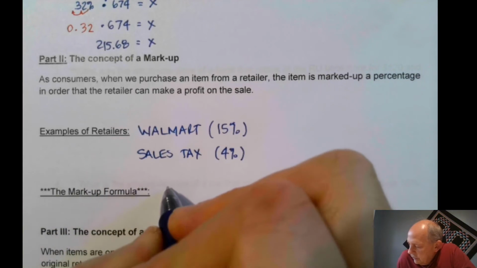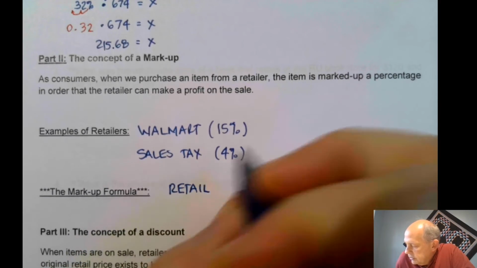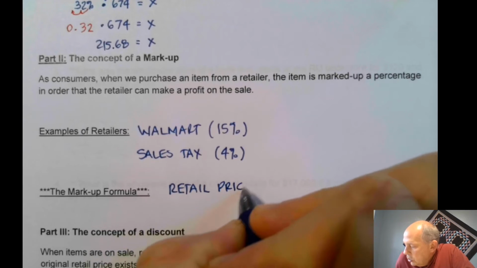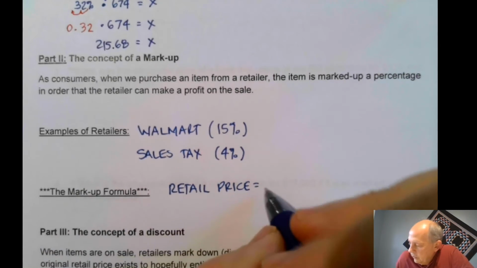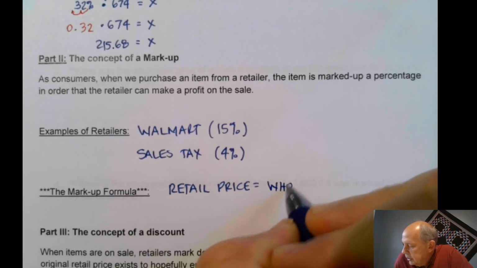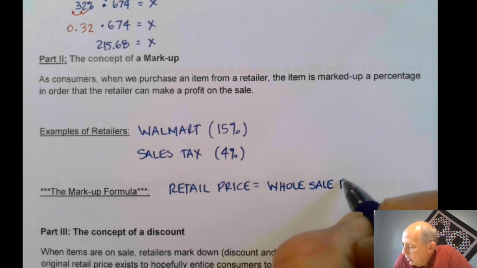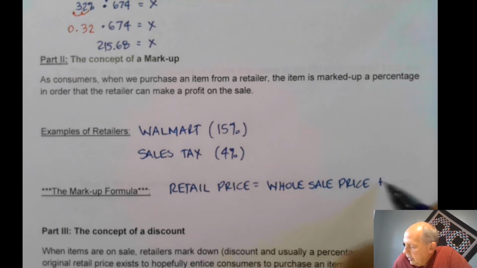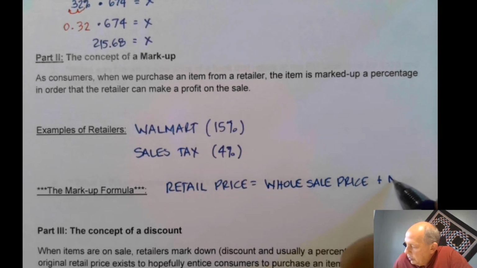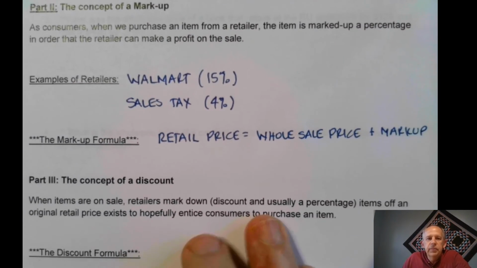Now, there is a formula, a markup formula, that we're going to use for this section. Your retail price, the price that you pay for an item, is the wholesale price, the price that Walmart pays for an item. Then they add a markup, a certain percentage, onto that item, and that's where their profit comes in.